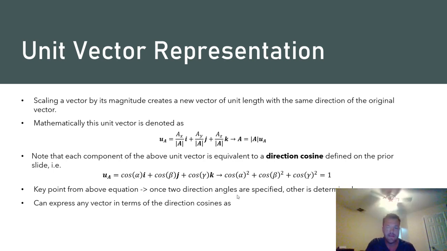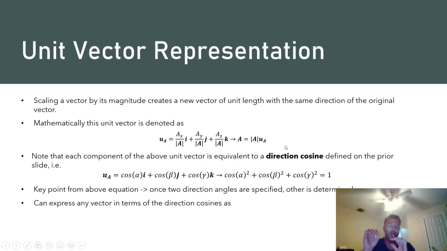So this is all that this is actually showing you here, is you can always take a vector. So say you start with a vector ax, ay, and az, and you divide each component by its magnitude. Notice that naturally a way that you could look at writing that is as just the magnitude of the vector times a unit vector.